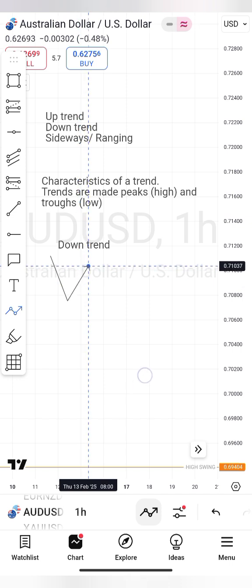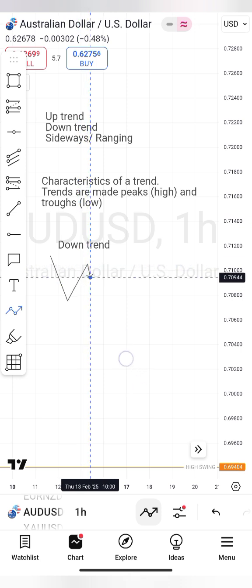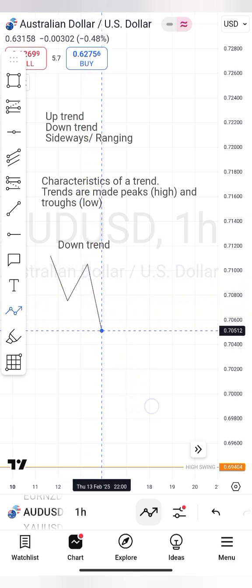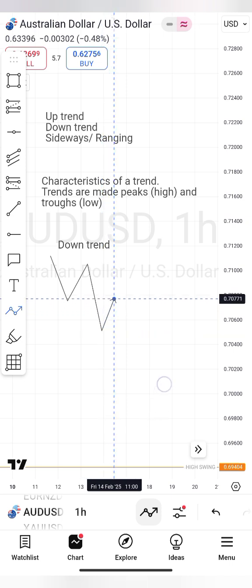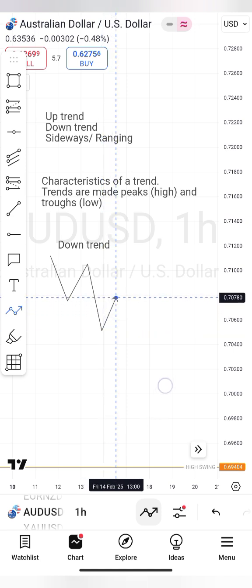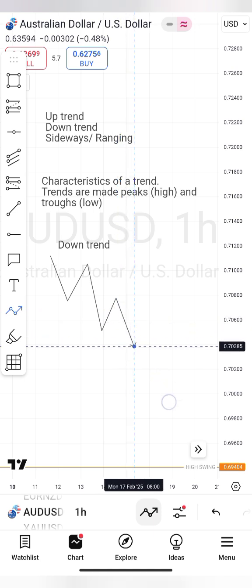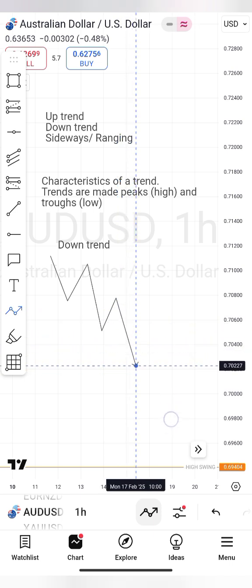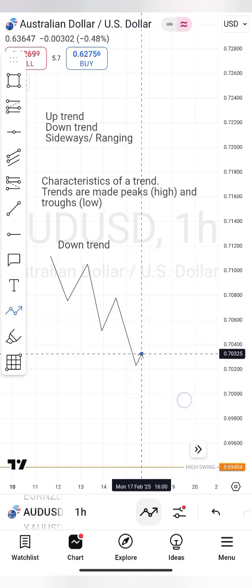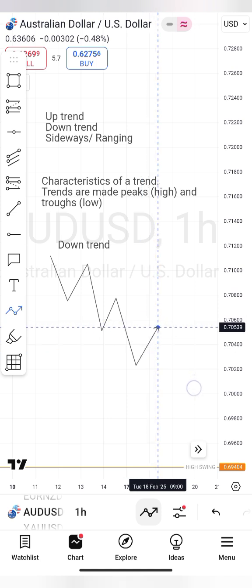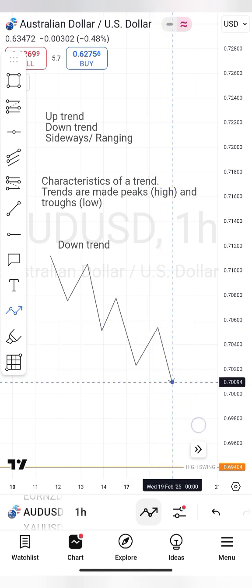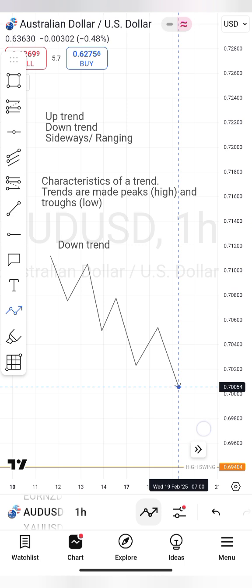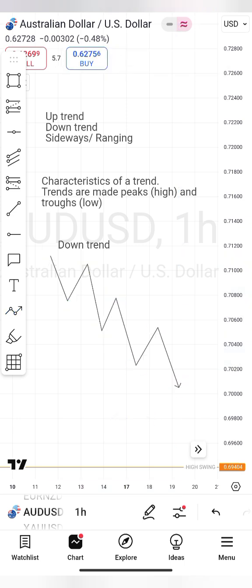It creates a low, creates a high, creates a new low lower than the first low, creates a high that is lower than the first high, creates a new low lower than the previous one, creates a high, creates a new low. Okay, this is a classic textbook example of a downtrend.